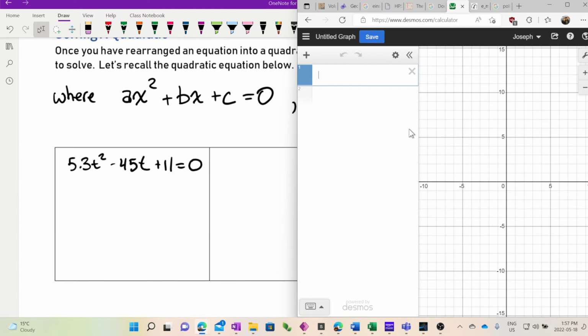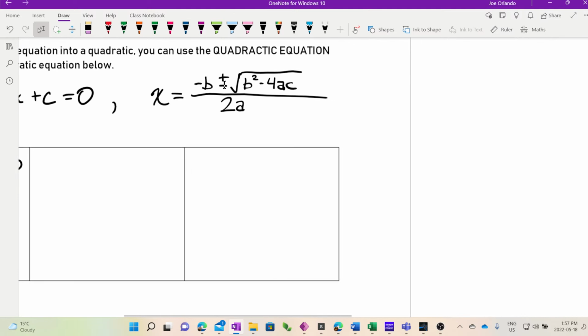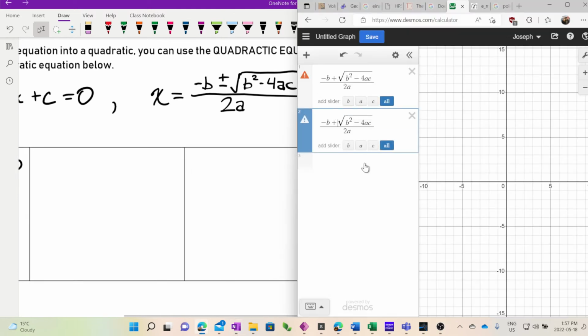All right, so let's take a look. Here's the beautiful thing about Desmos. Just put your quadratic formula here: negative b plus the square root of b squared minus 4ac, all over 2a. And because it's plus or minus, paste it, and instead of plus, make it minus.